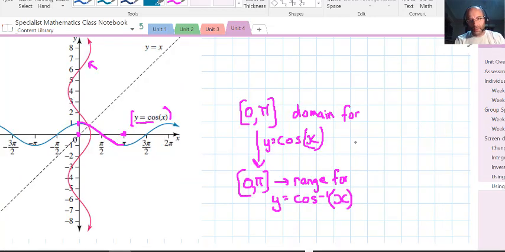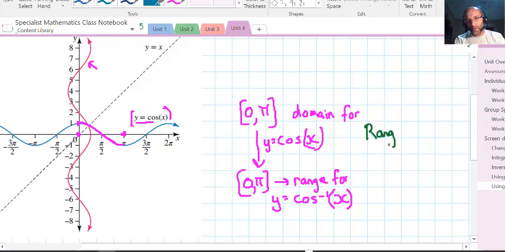Now going back to y equals cos x, if we have that as our restricted domain, the corresponding range would be from -1 to 1. You can tell that numerically or by your knowledge of the cosine function, which you should have very well sorted by now.